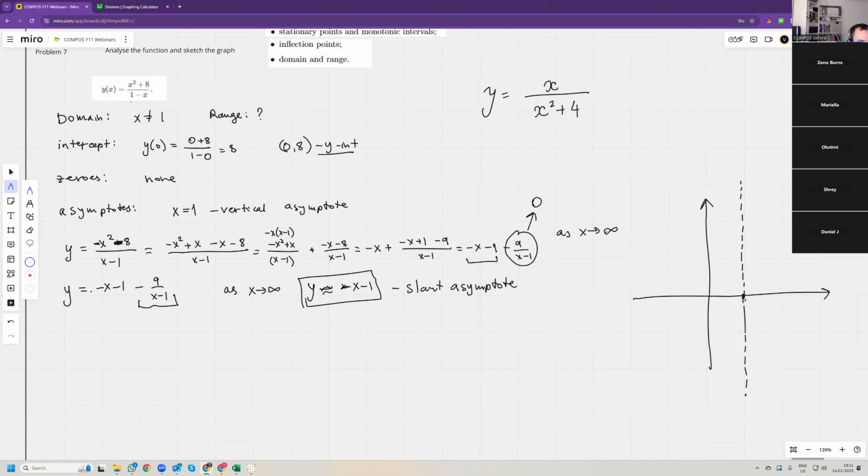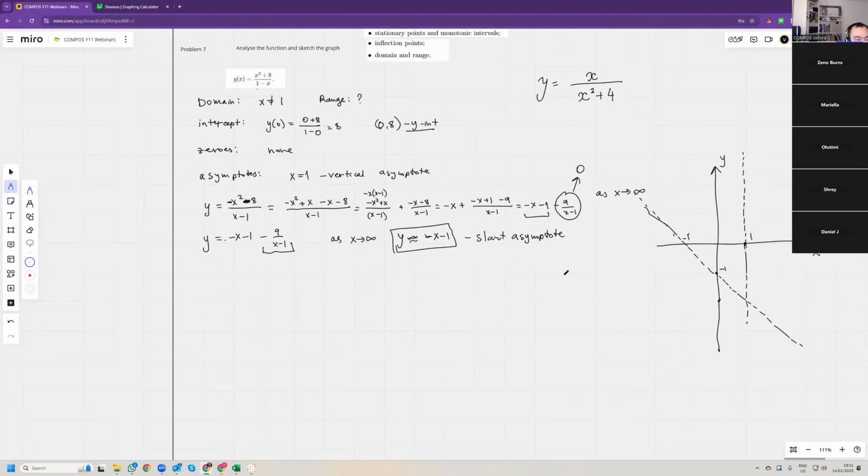I have a slant asymptote y equals minus x minus 1, so that's going to go like this. So that's minus 1, 1, minus 1. So that's a slant asymptote. X, y.